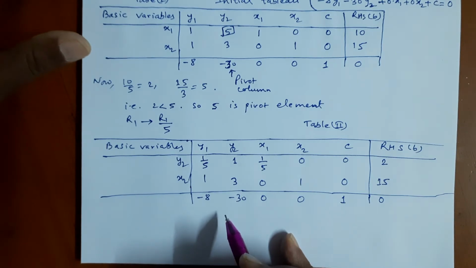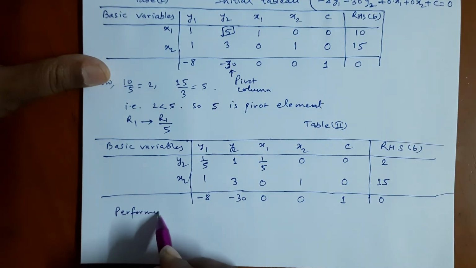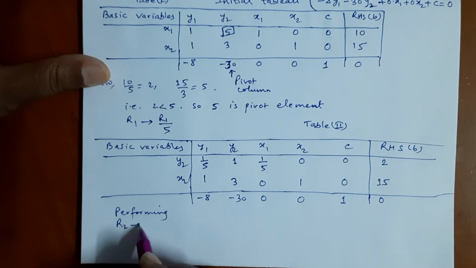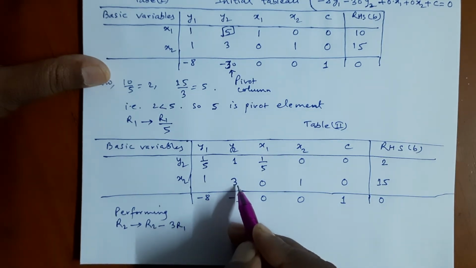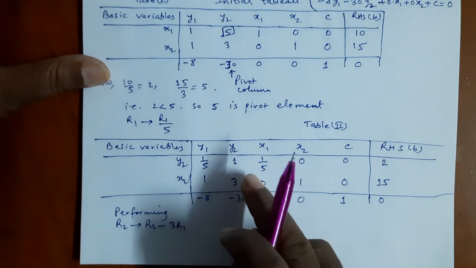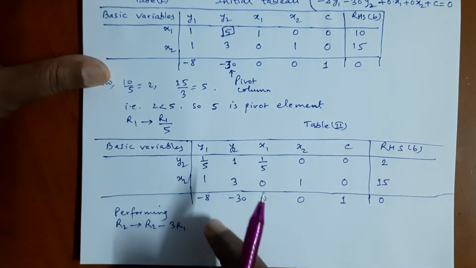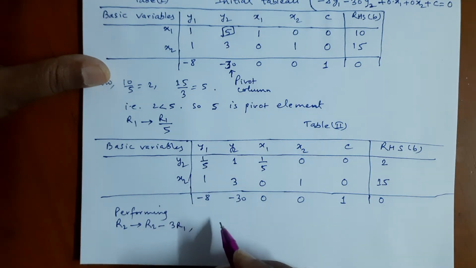So for that, what we will perform is R2 in R2 minus 3 R1. Okay, so from R2 we subtract 3 R1; we multiply the first row by 3 and subtract from the second row.